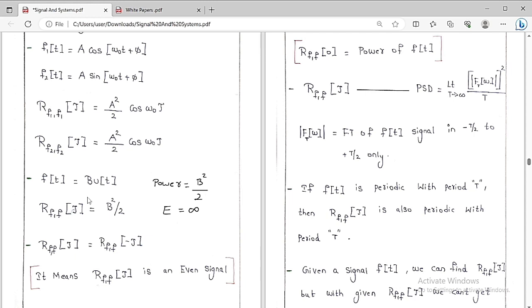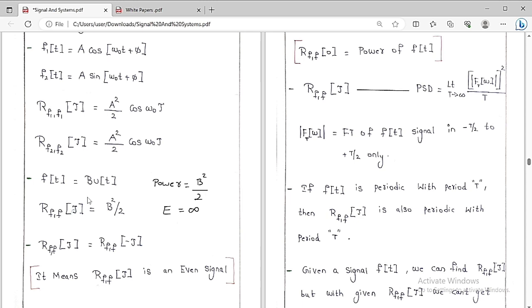Now the next point is that the autocorrelation of f at plus tau is equal to the autocorrelation of f at minus tau, both are equal. It means that the autocorrelation of the function f with respect to f is always an even function, an even signal.